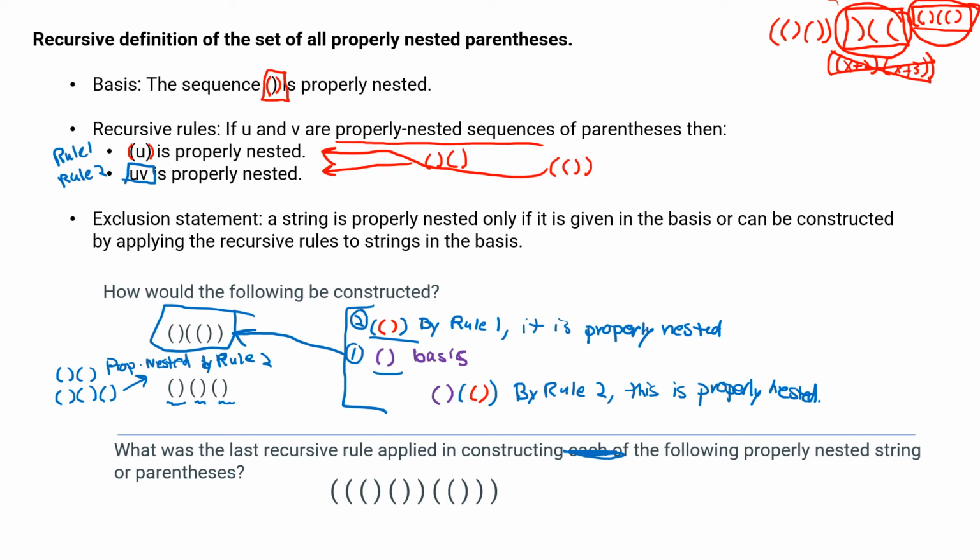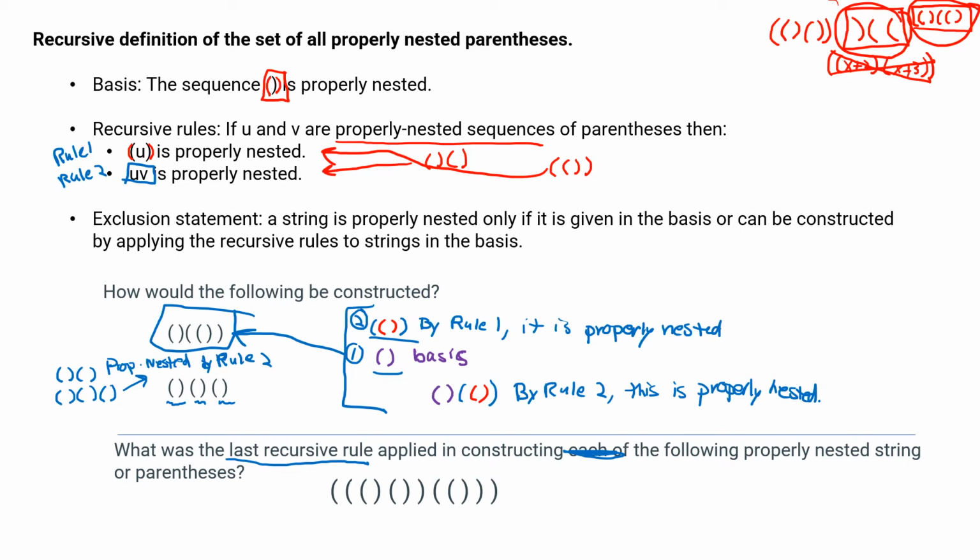But I started with the other way. So there's not only just one way to do it sometimes. But in all of the ones that they give you when they ask this question, it's obvious that there's only one way for the very last recursive rule that could be used.